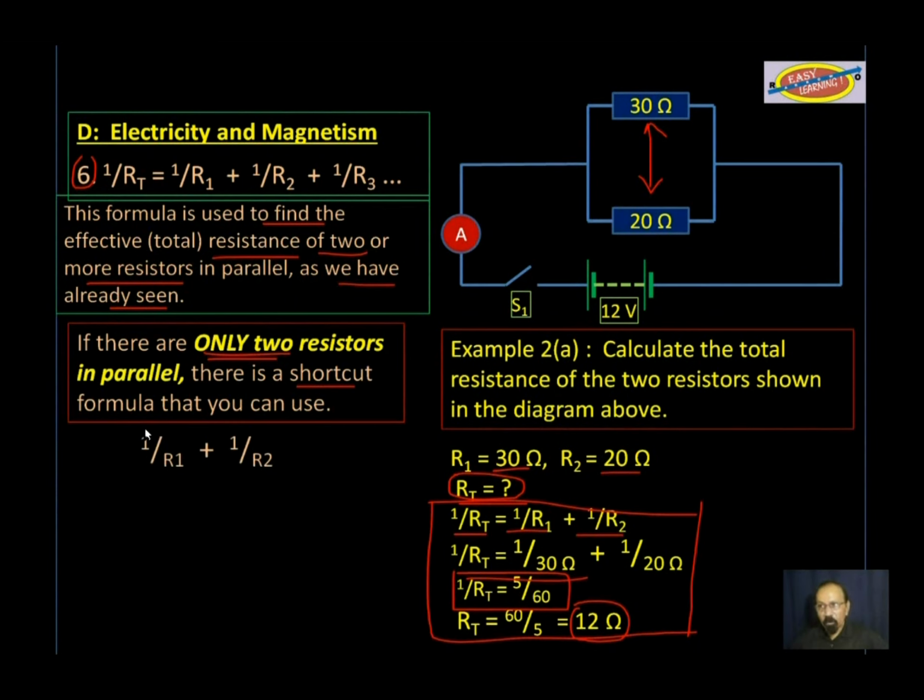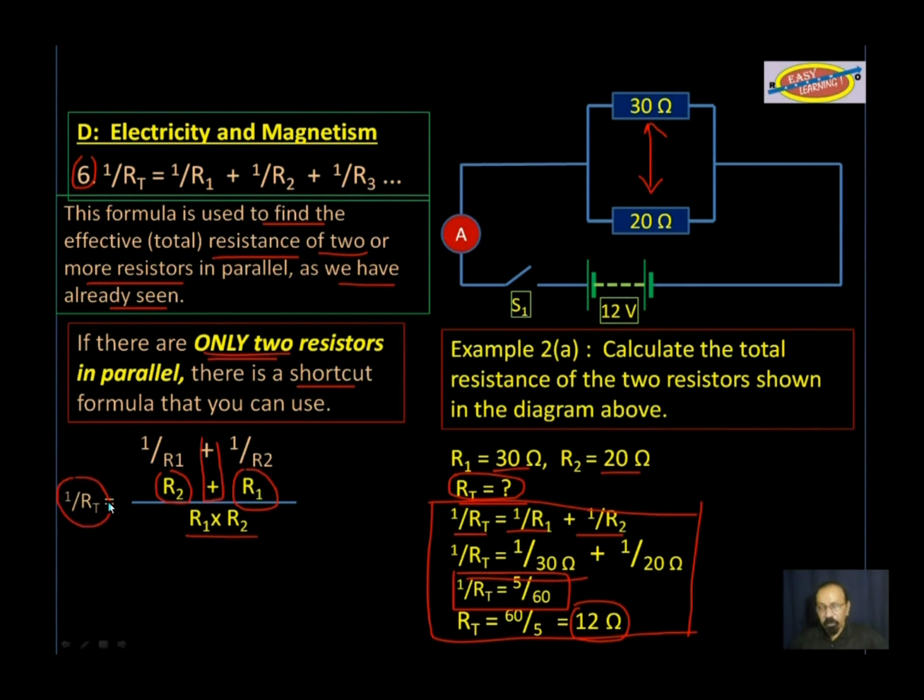If we were to add 1 over R1 plus 1 over R2, we get an LCM, which is R1, R2. R1 into R1, R2 would be R2, which is this. And of course, that plus is there. And this is R1. But remember, that is 1 over R total.